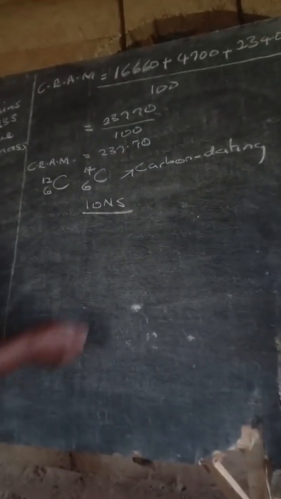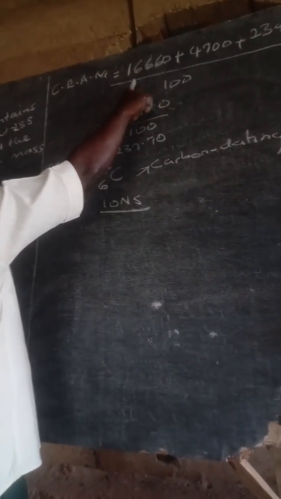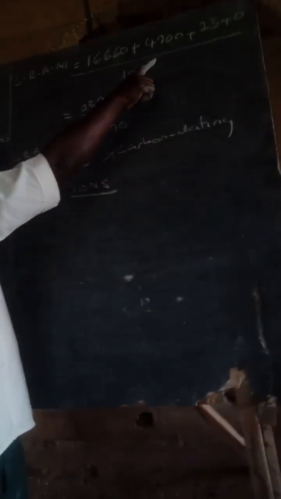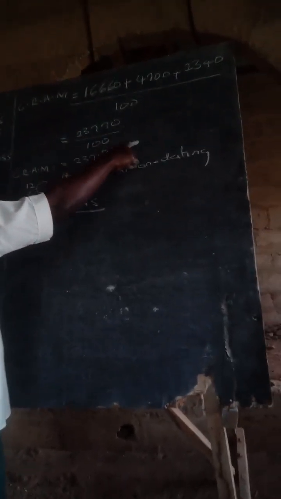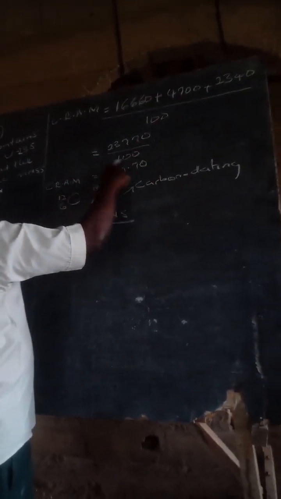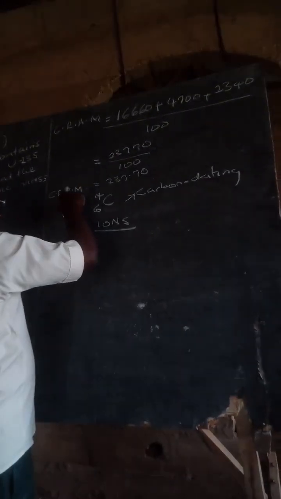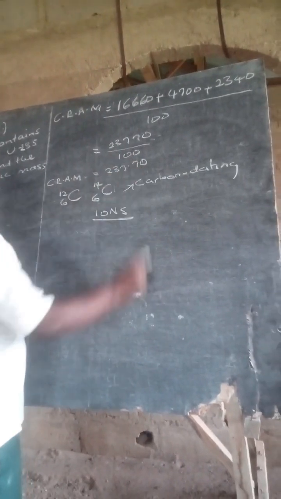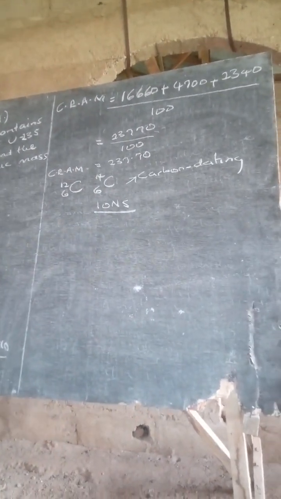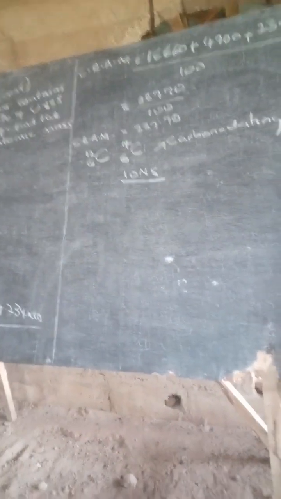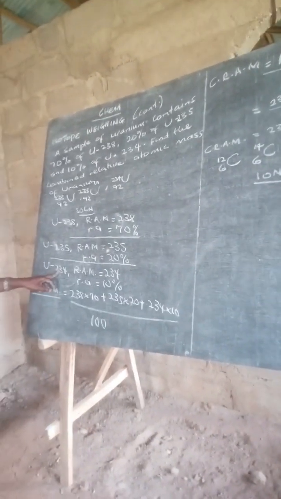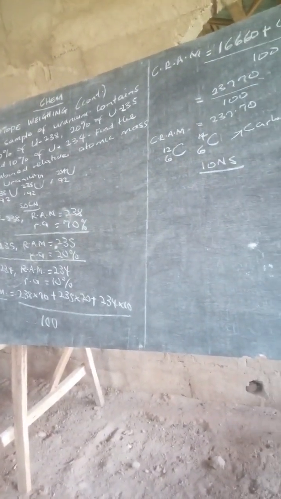So, this is the math, which is equal to the whole addition, 23770, divided by 100. So, the combined relative atomic mass is equal to 237.70. You can see that the combined relative atomic mass is not 238, not 235, not 234. It is something in between the three.